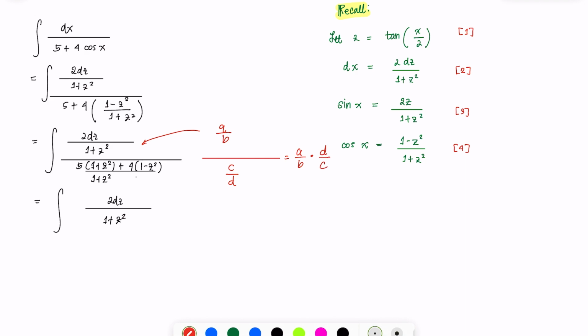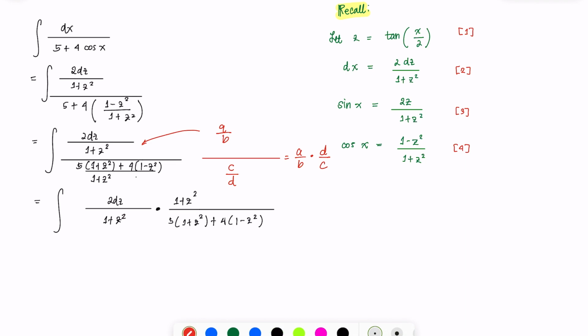That's exactly the same algebra that we're going to perform here. This tells me that I will have 1 plus z squared, the denominator of the denominator, and 5 times 1 plus z squared, plus 4 times 1 minus z squared, the numerator part of the denominator. I'm hoping that is not confusing for you.